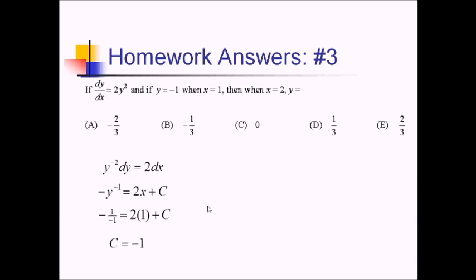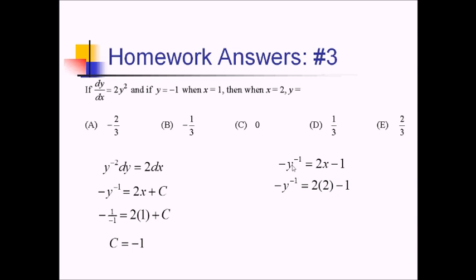All right, time to plug everything back in. So I can rewrite this now as negative y to the negative 1 equals 2x minus 1. And at this point, I've got an equation that has a y and an x in it. I know that x equals 2. Now I just have to solve for y. So I'm going to go ahead and plug 2 in right away here. I could isolate y and then plug in 2, but why bother?